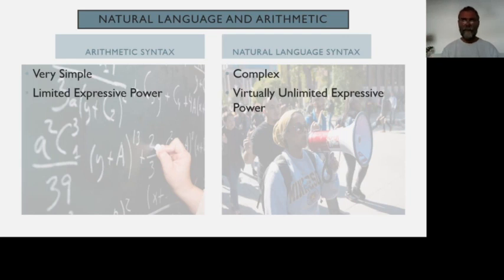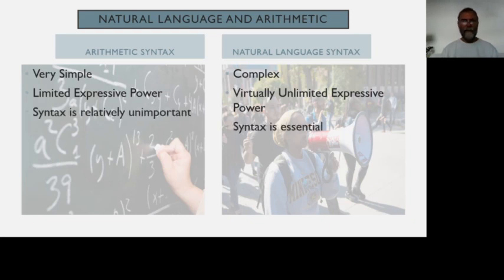And for that reason, the syntax itself needs to be of a level of sophistication to be able to express minute changes in nuances and the sorts of things that we might want to actually use the language to express. So therefore, it's going to be obvious that the syntax of arithmetic is going to be very simple, whereas natural language syntax is going to be far more complex.